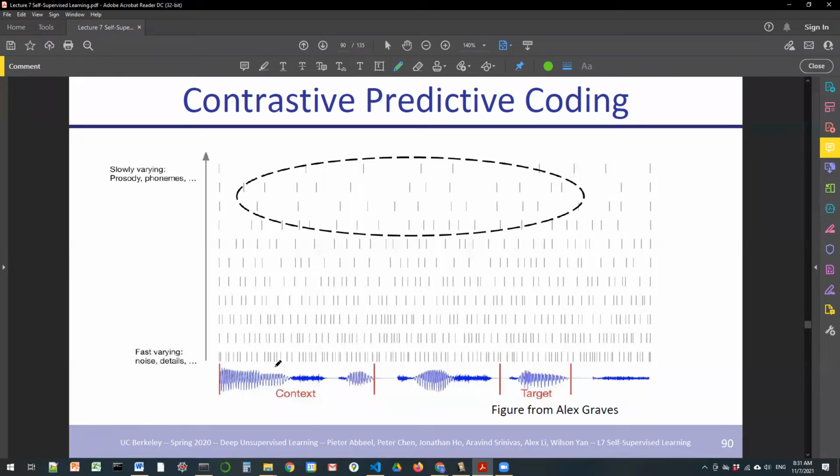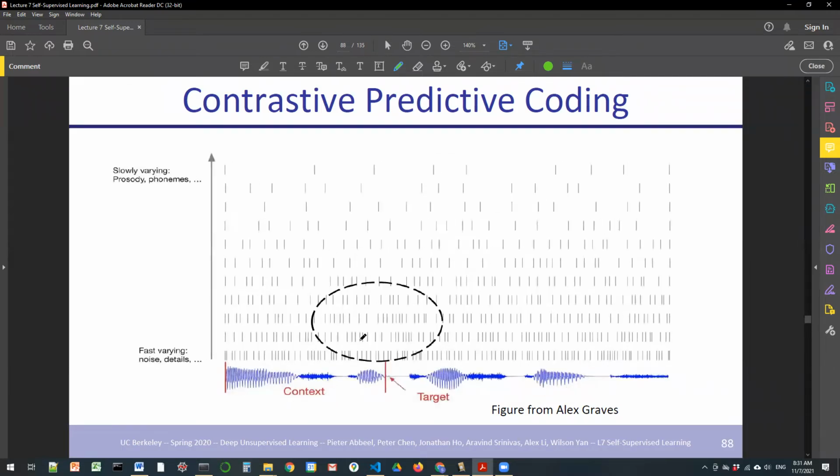So you can think of what I said before, predicting the identity of the speaker, which in some sense is learned in these higher layers, because it doesn't change from prediction to prediction in a high frequency manner. As you provide negative samples of future targets, and you realize they are not from the same speaker, that is something you begin to pick up at the higher levels of the network, deeper into the network, not closer to the high frequency changes.